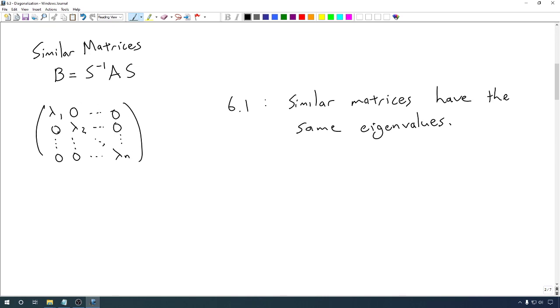Hence why I'm using lambda for my diagonal matrix. So we want to see, if we identify the eigenvalues of a matrix, can we say that that matrix is then similar to a diagonal matrix using those eigenvalues?